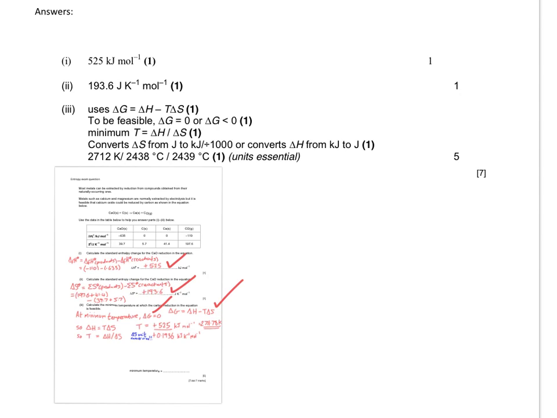So therefore we did the conversion, delta H over delta S equals T. And we got close to 2712. We did 2711.78. So that gives us a total of, including the fact we did the conversion, 7 marks.